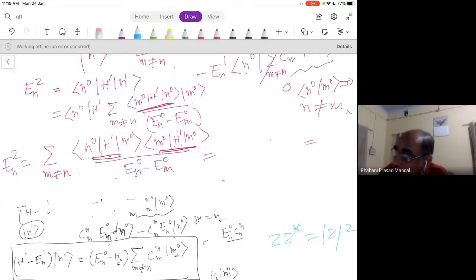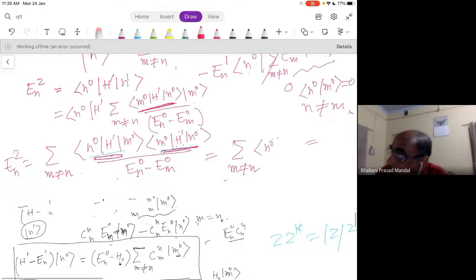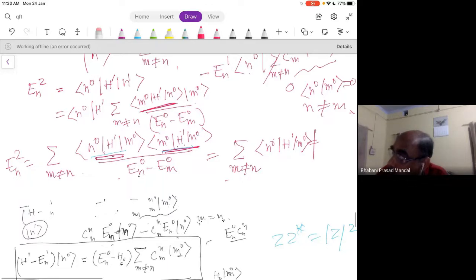So I can write the sum over m not equal to n of mod square of n0 h prime m0, over En0 minus Em0. Here you can interchange n0 and m0 because mod square is there. So this is your final formula for the second order correction to the energy.